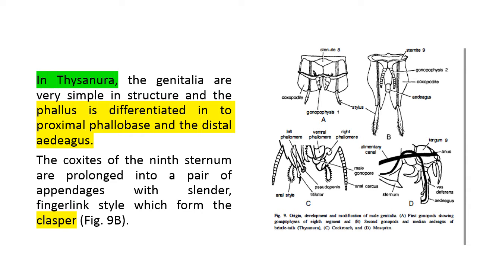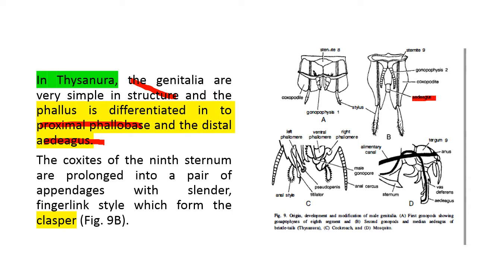So first we will talk about the Thysanura. In case of Thysanura, now remember Thysanura is a wingless insect. So in this case, and it is a primitive order, the genitalia are very simple in structure. The phallus, the main organ, is differentiated into two parts, proximal and distal. Proximal is known as phallobase and distal is known as simple aedeagus. So in case of B part, this is of Thysanura.